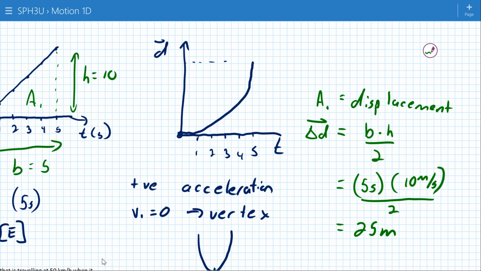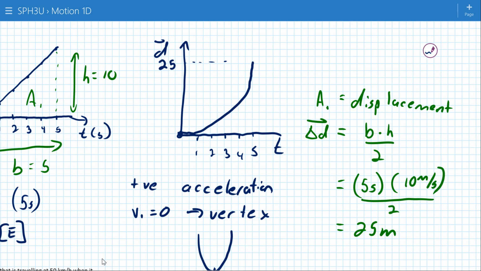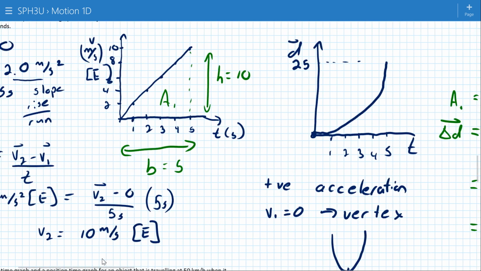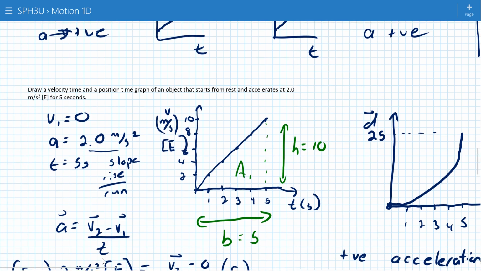And that would tell us then that this object would go 25 meters in those 5 seconds. And there it is, a displacement time graph and a velocity time graph for that scenario.